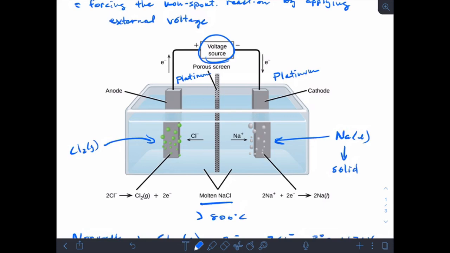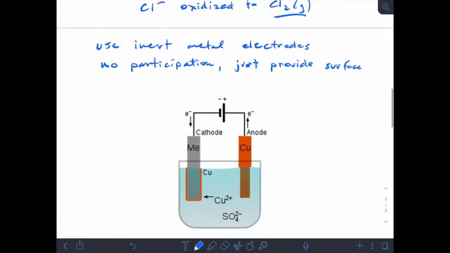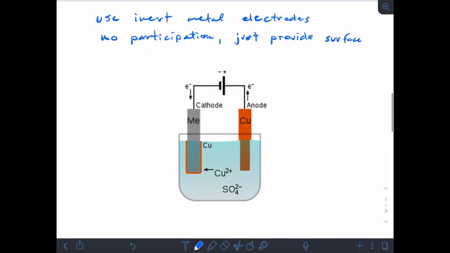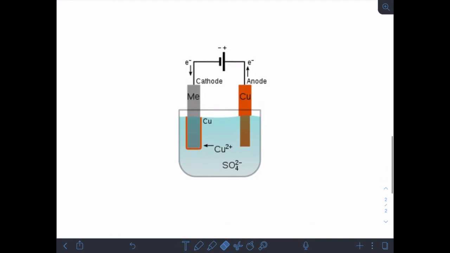Okay, so for our last thing, we're going to look at electroplating. Electroplating is another kind of electrolysis, where I'm going to apply an external voltage source, and I'm going to cause something to be coated in the metal of something else. So let's look at this particular electroplating cell.